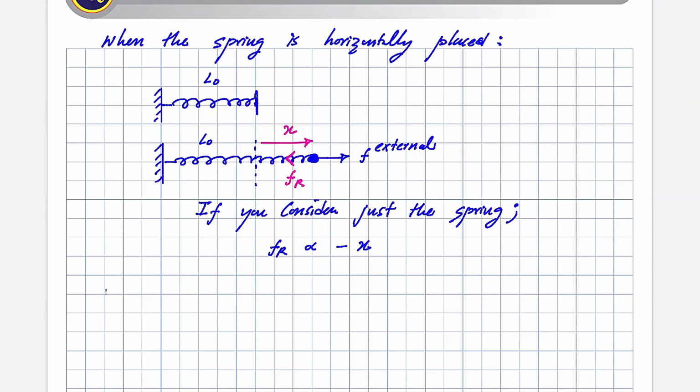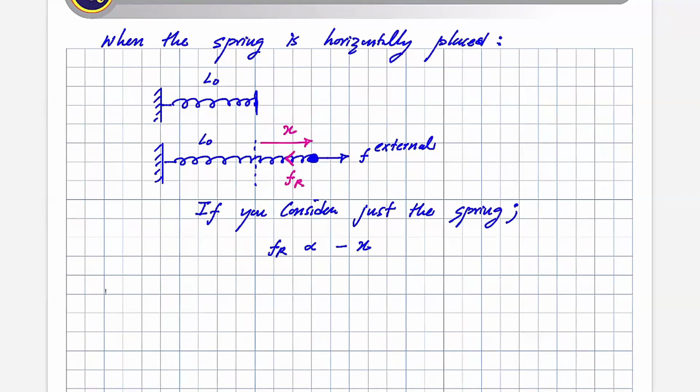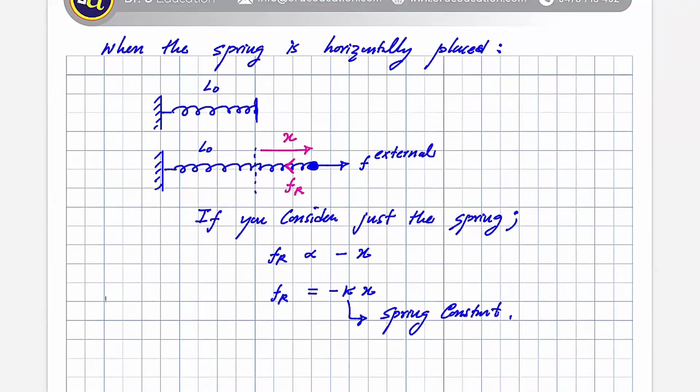Then this proportionality, you convert into an equality by introducing a proportionality constant, and that K is the spring constant. So the same theory can be applied when the situation is horizontal, right? All good.